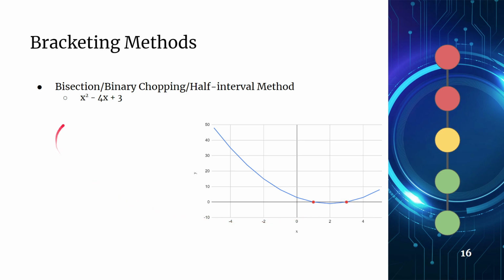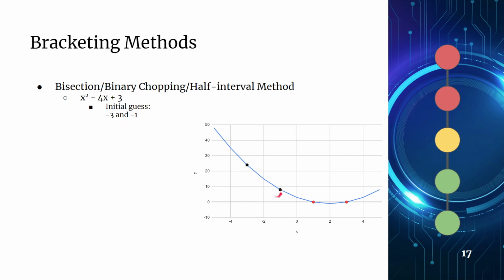Now I have the equation. Let's say first I'm given the initial guess, which is -3 and -1. So the x1 value is -3 and the x2 value is -1. If we plot these points on the graph, we can see that when x is -3, the f value is somewhere between 20 and 25.